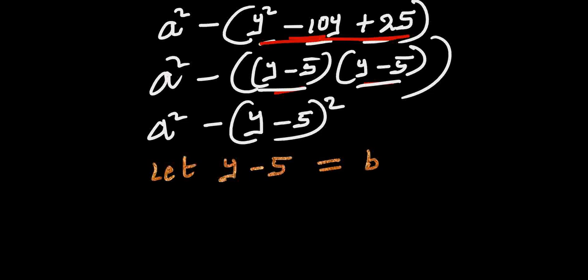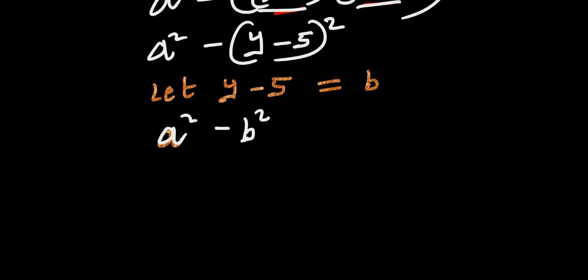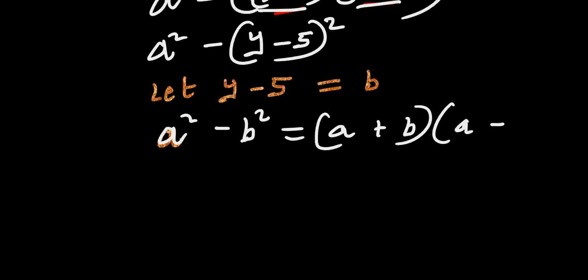Once that happens, we're going to have a squared minus b squared, and now you can see that we have a difference of squares at this point, and this will be equal to a plus b, a minus b.